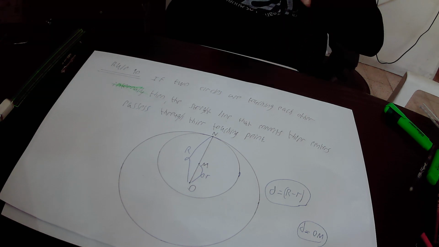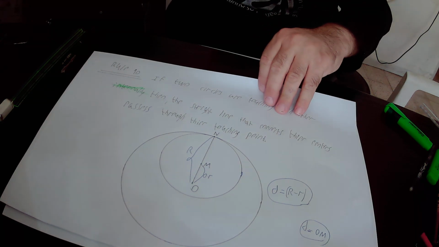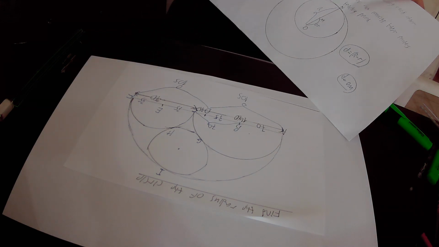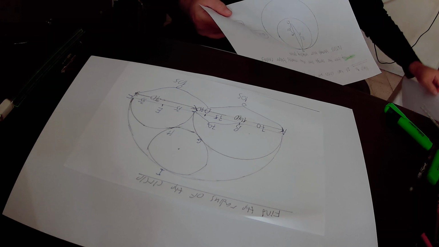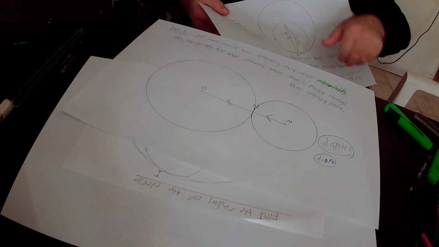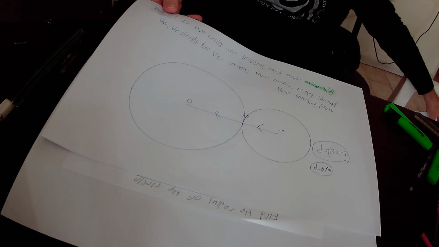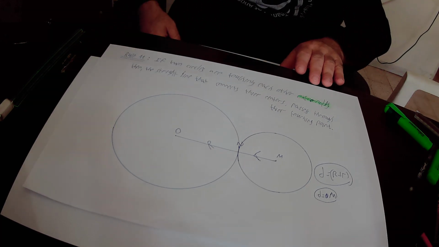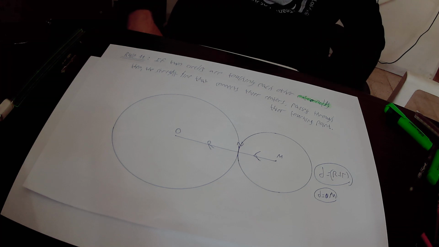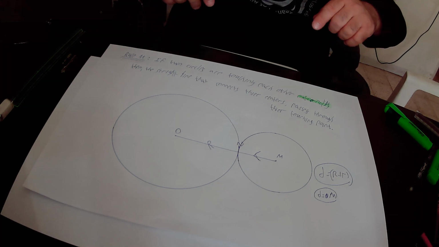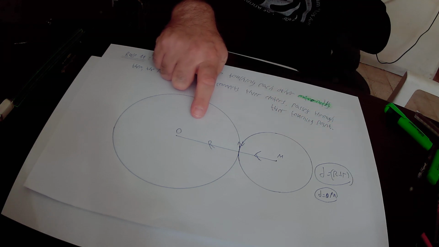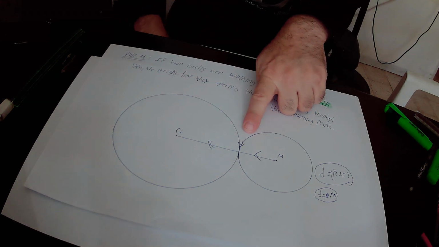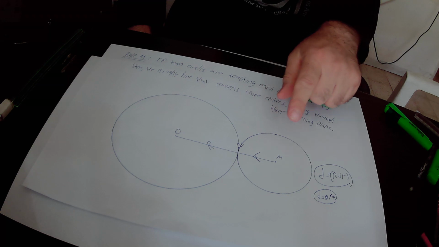Likewise, we also have rule number 11. According to rule number 11, in this drawing, those two circles are touching each other externally at point N. So we have here an external touching point between those two circles.